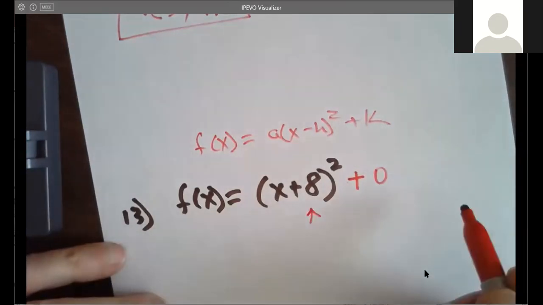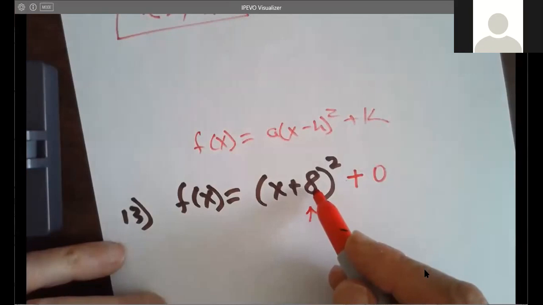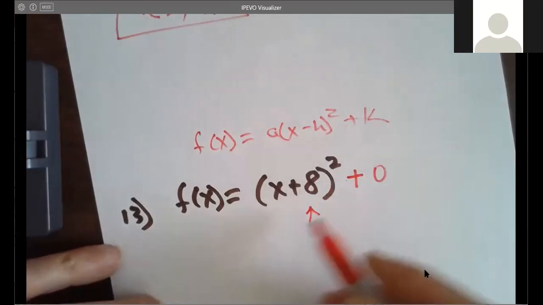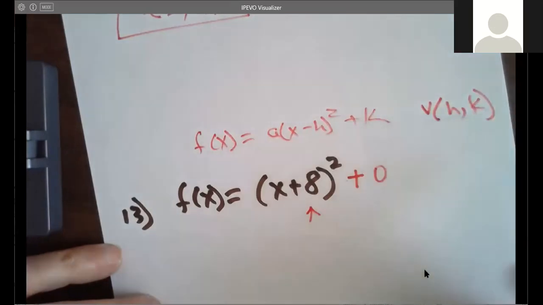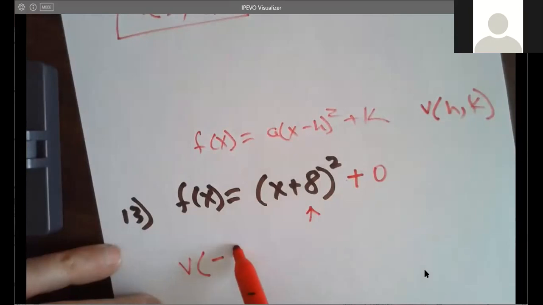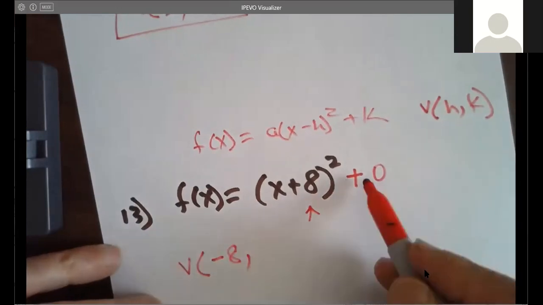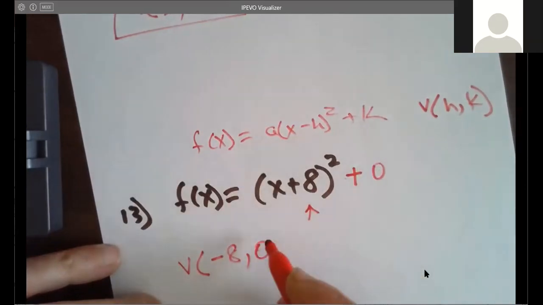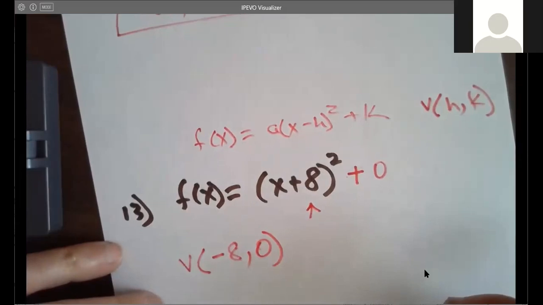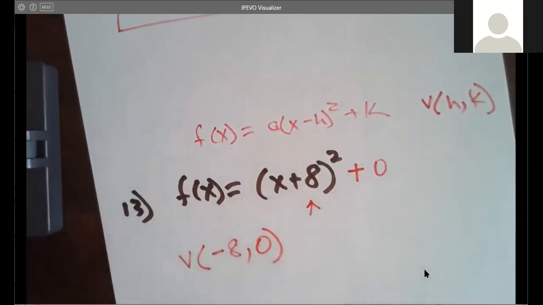So we look at the opposite of what's inside here. So here the vertex is (h, k). So in this case, the vertex is going to be negative 8. But because there's no number outside here, it's not going to move up or down. So that'll just be negative 8, 0. And that's all there is to this lesson.